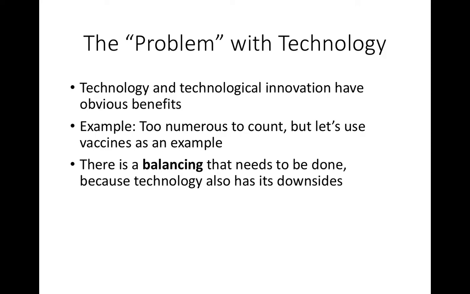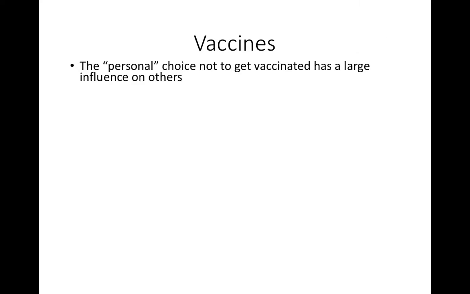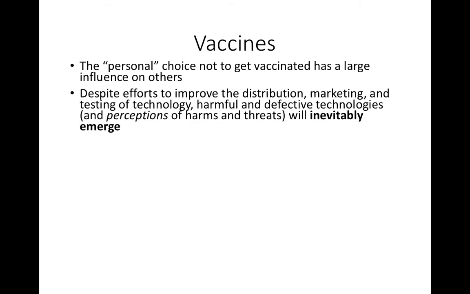And so the courts, or rather these vaccine makers, need to figure out, okay, how do we balance this need for the greater good with knowing that we're going to injure some people inevitably, right? And so the personal choice not to get vaccinated has a really large influence on others.